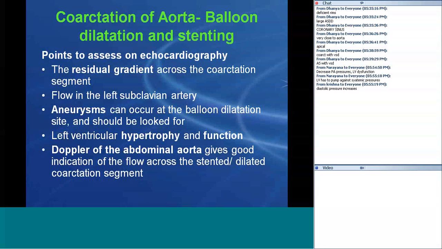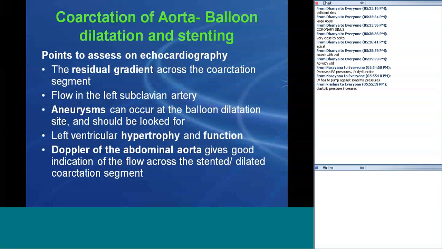Aneurysms can occur at the site of balloon dilatation and should be looked for. And left ventricular hypertrophy and function again is very important, especially if you have done a dilatation with a severe ventricular dysfunction. Then the serial follow-up of the ventricular function is very important. And Doppler of the abdominal aorta gives a very good indication of the flow across the stented or dilated coarctation segment.